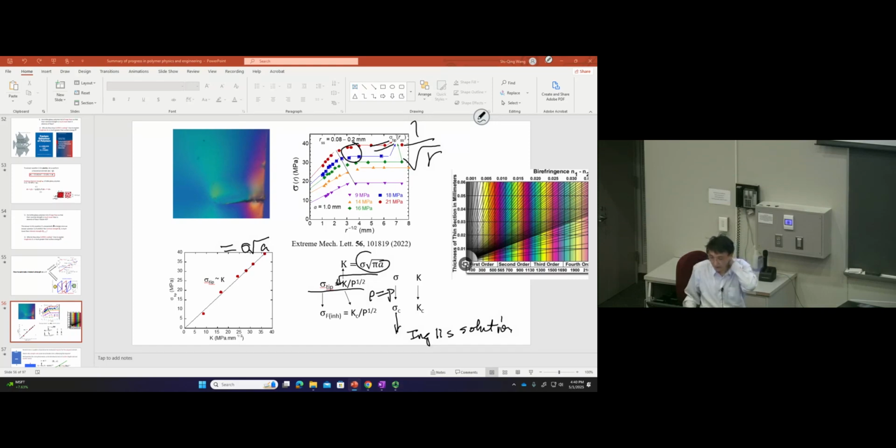So you can see that we got lucky multiple times. This is the third time that you can resolve it. The stress saturates, so you can claim to know what it is.